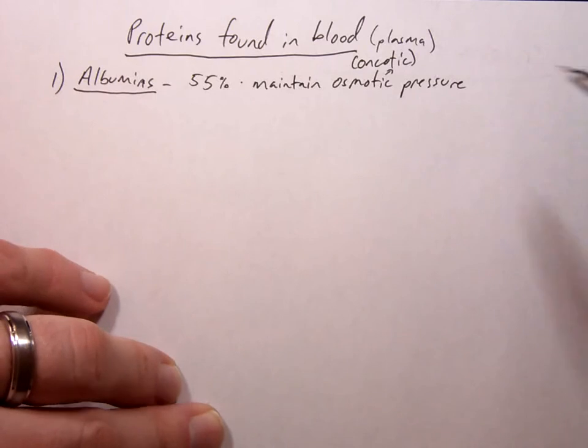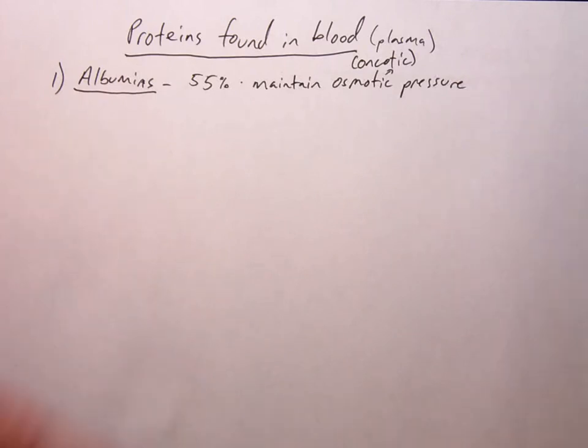Now, what that means is this. Inside of each cell, there are a lot of proteins by themselves dissolved in solution. If we don't do the same thing in the bloodstream, water will naturally get drawn out of the bloodstream into the cells at a really high rate. Now, it's supposed to go there anyway.